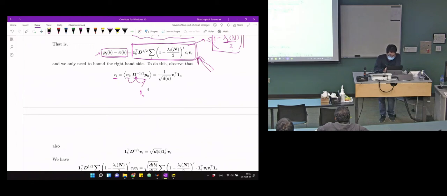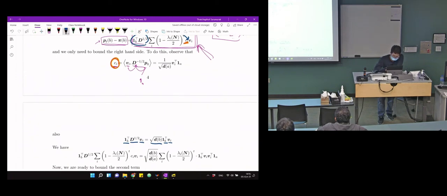And this is just C_i here. Now when I move this whole thing to here, what I need to analyze is just 1_B times this times v_i. But this is again just square root of d_B times 1_B times v_i.